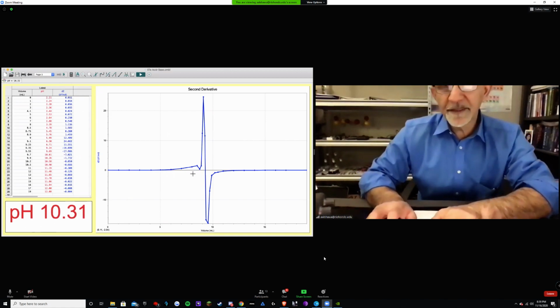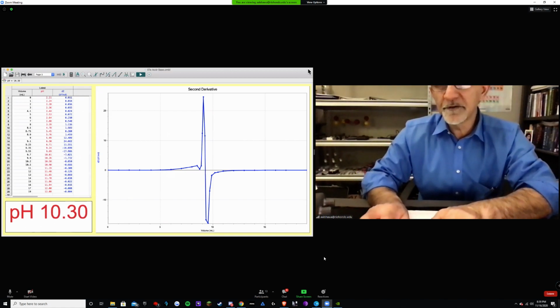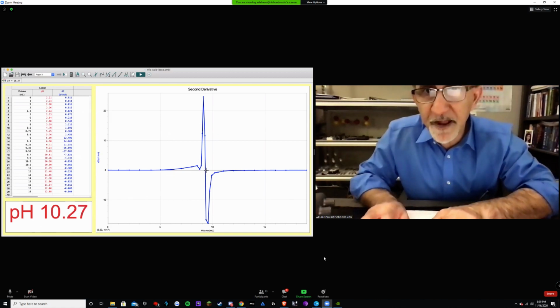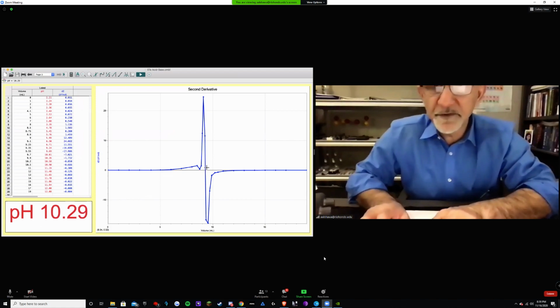So look at the crossing of that blue curve, crossing the x-axis, and read the value. See the curve? That blue curve.